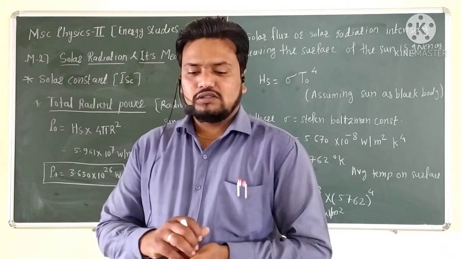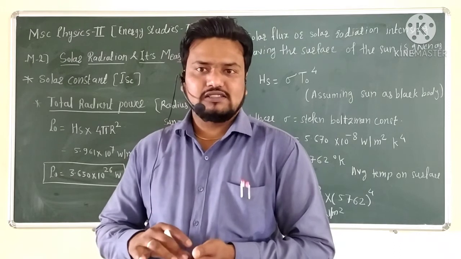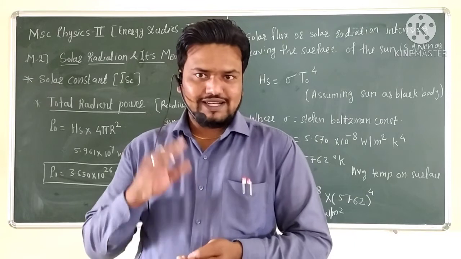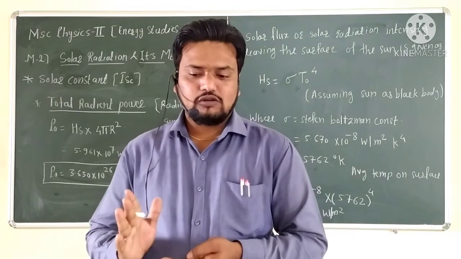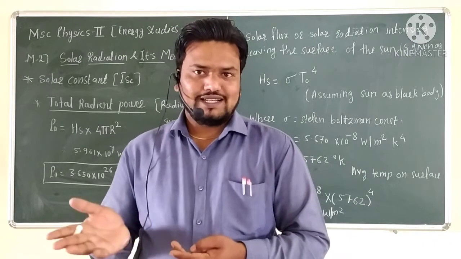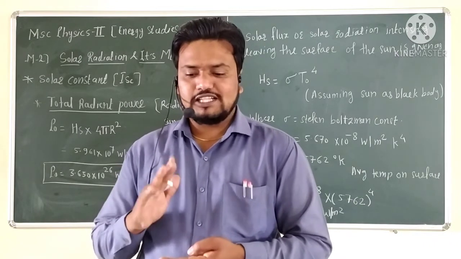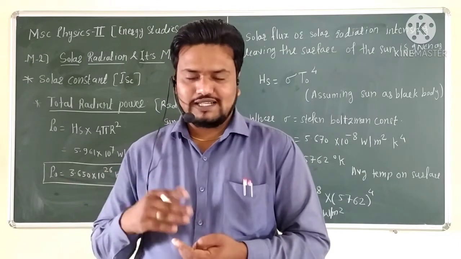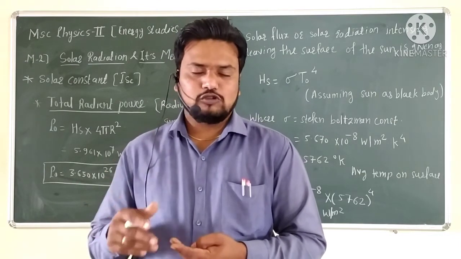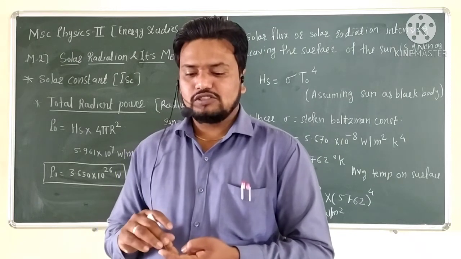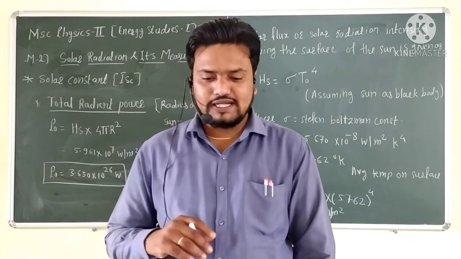The intensity varies with the square of the distance from the center of the sun, and that distance is considered as small r. The surface area we have to know is 4 pi into small r square, and the radiant flux enclosing such a surface is given as follows.